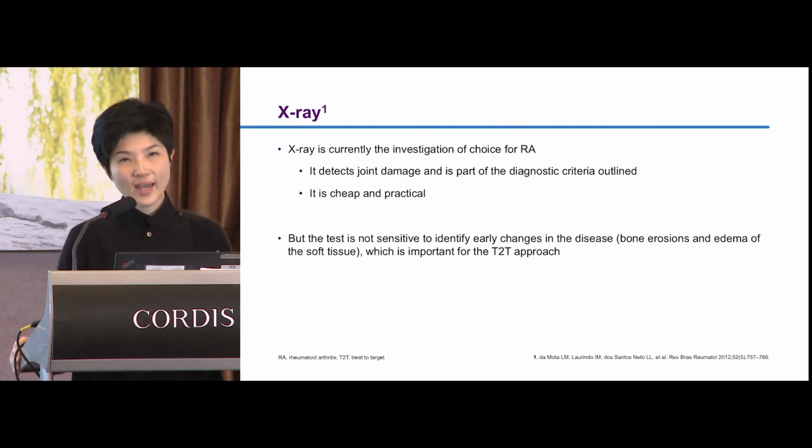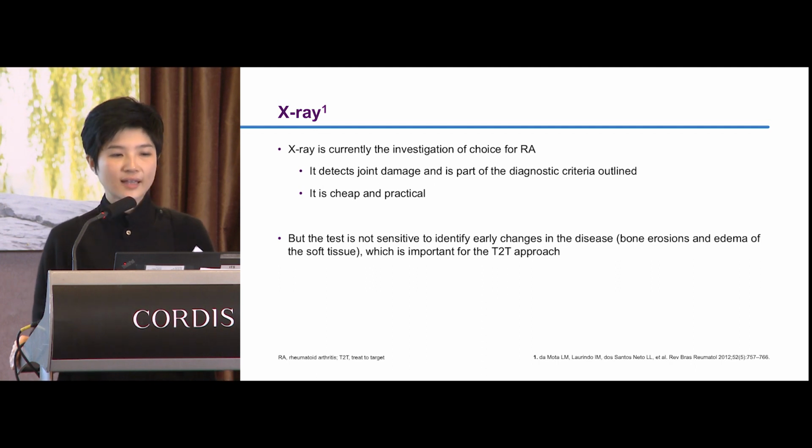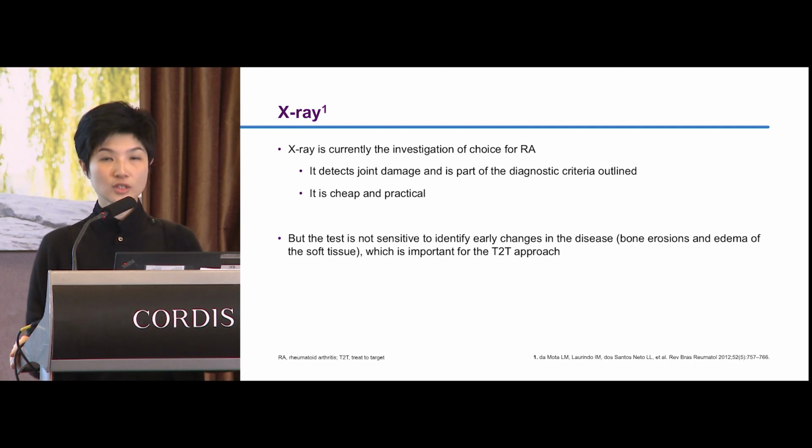X-ray is still a common test in most rheumatology units because it is less expensive, and it is practical to undertake in the first consultation. It is also part of the diagnostic criteria.